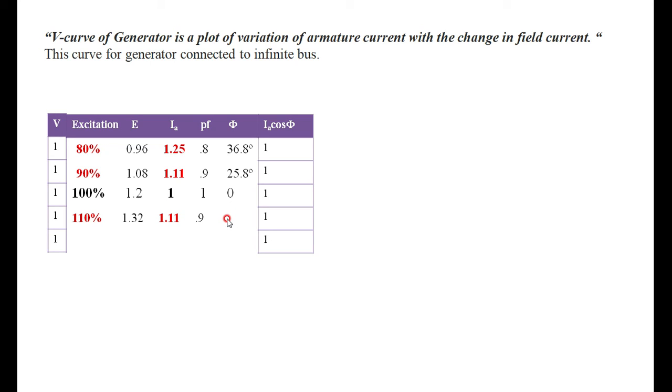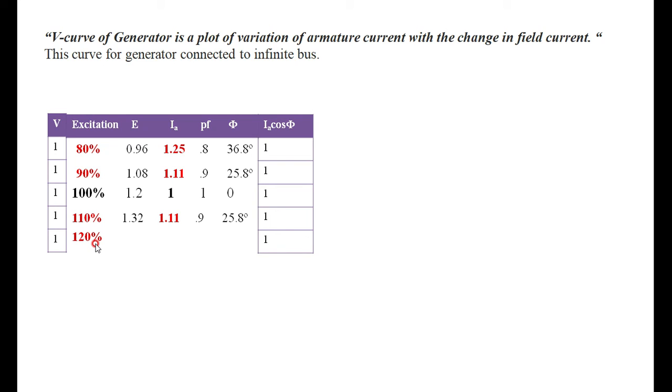Therefore, there is an increase in the angle phi, that is 25.8. That is because of the increase in the excitation, the generated voltage is increasing, and the power factor is changing from unity to 0.9 lag. Because of this change in the power factor angle, the current is increased to 1.11.